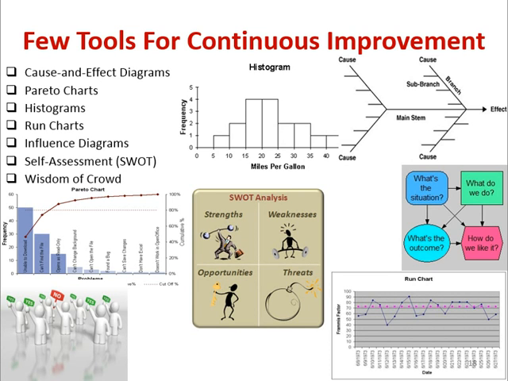With Pareto, you plot a histogram, in fact a bar graph, to identify the Pareto parameters, where 80% of the defects are because of some prime reasons. Those prime reasons will come into the Pareto chart. Then you do the influence diagrams and so on. These are a few of the tools for continuous improvement.